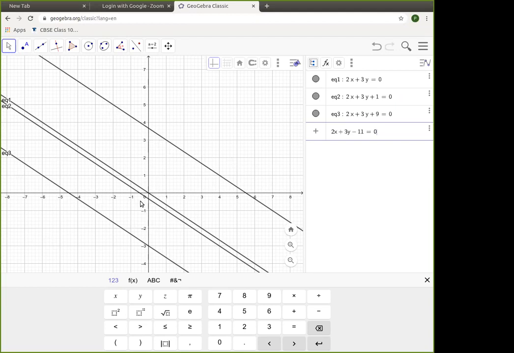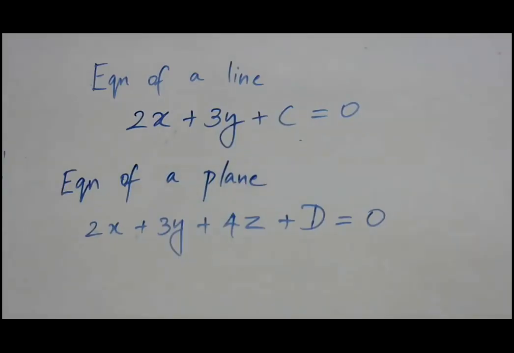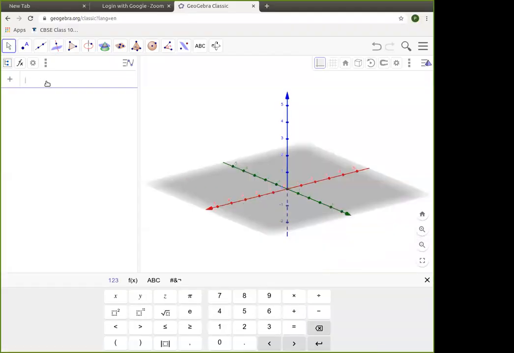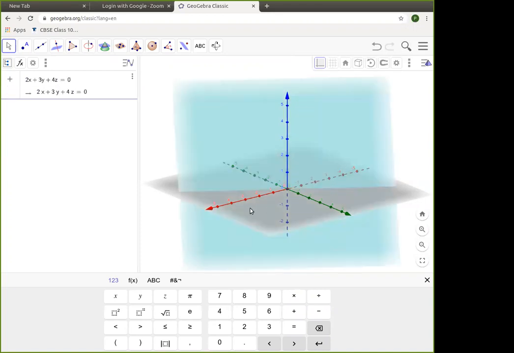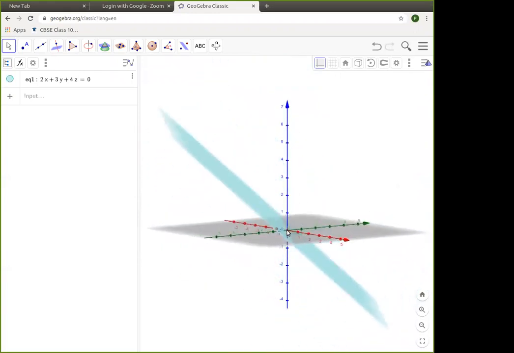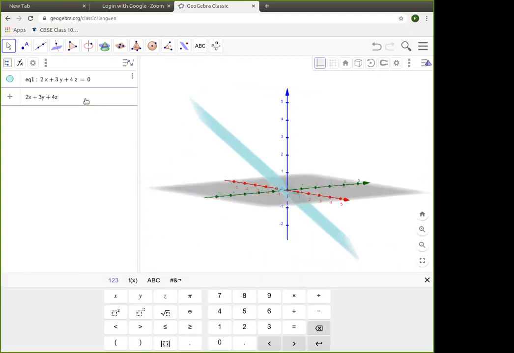So we can just extend this idea to the plane also. So let's see what happens in that case. Let's start with the constant d over here to be 0. Yeah, so we have a plane over here, which is actually passing through the origin, as expected.